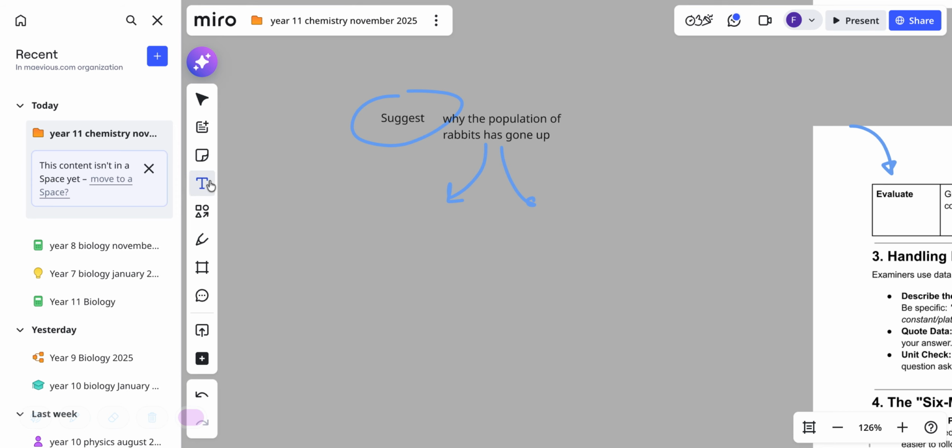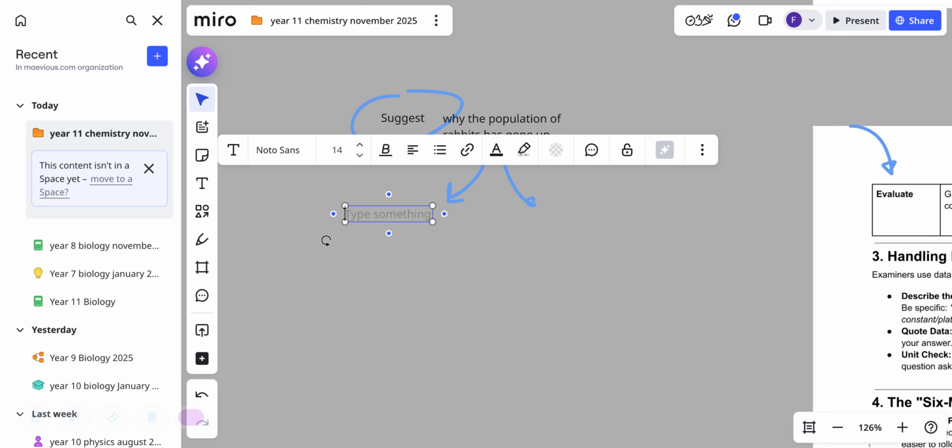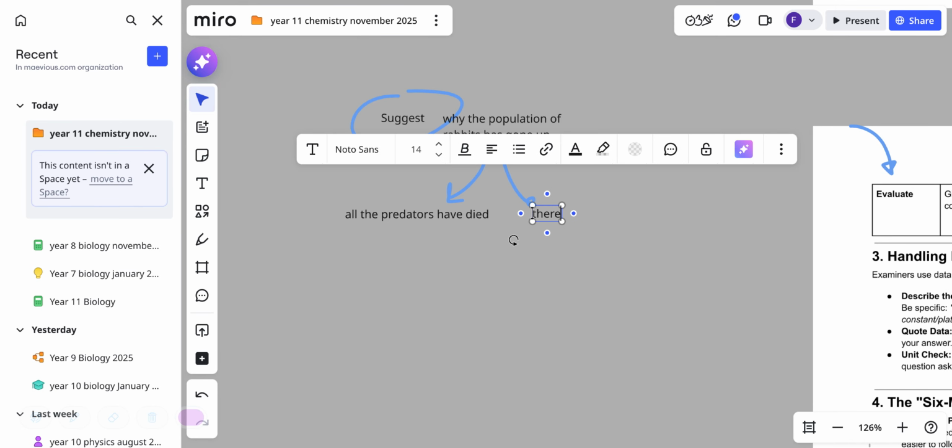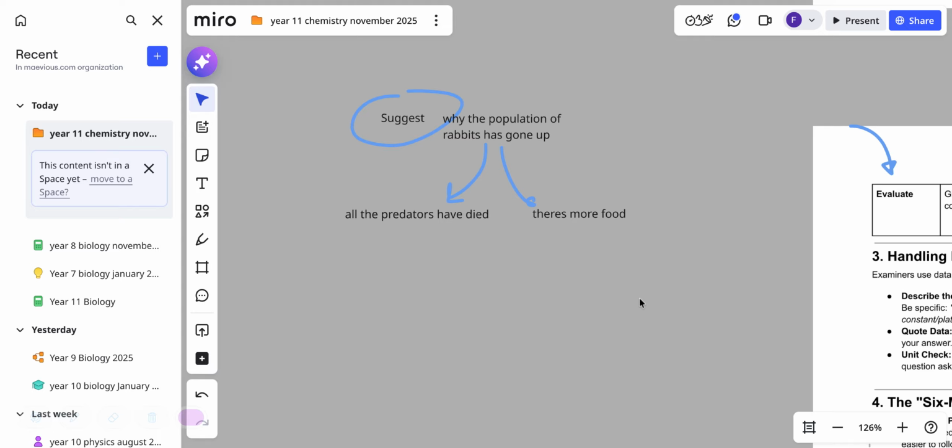For example, you would get a mark for all the foxes, or predators, you could say fox, doesn't matter, predators, have died. What else? Oh, yeah, there's more food. Anything that is logical will do.